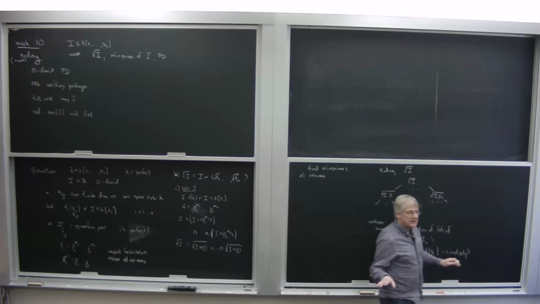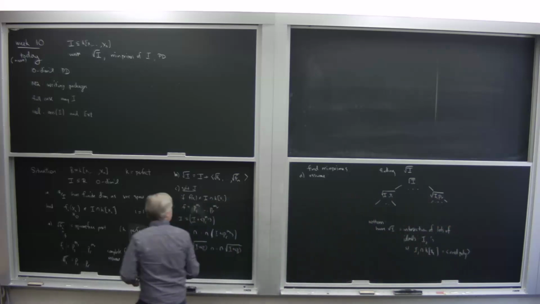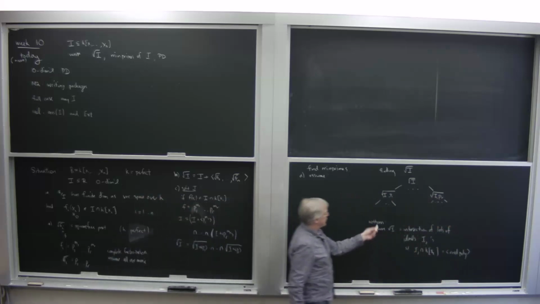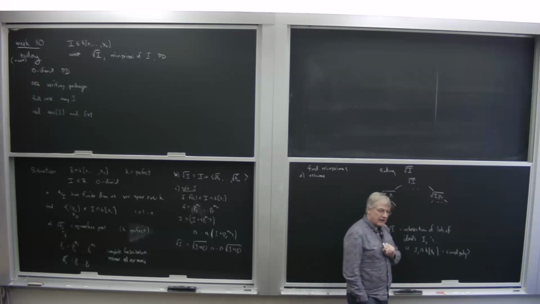In other words, we've totally factored each one of these univariates essentially, and we've got a whole list of ideals I_j, which are the leaves of this tree.